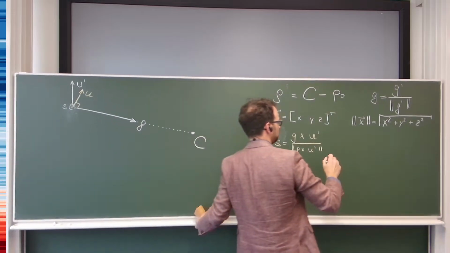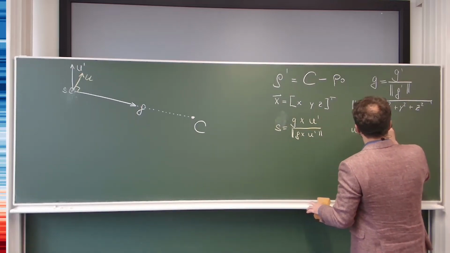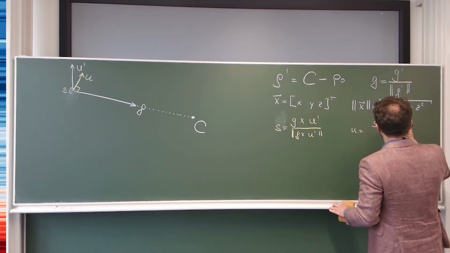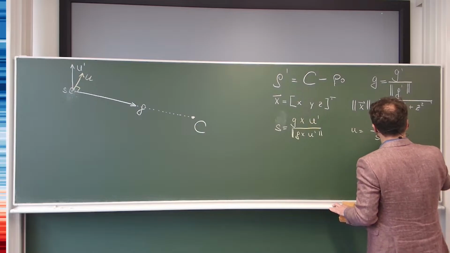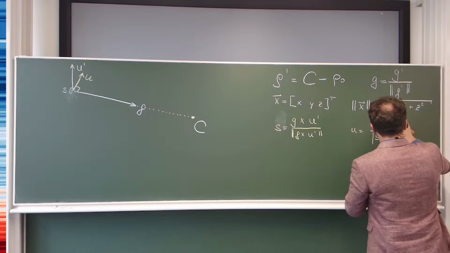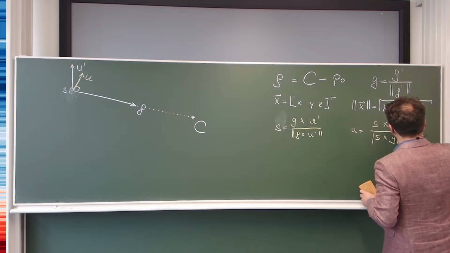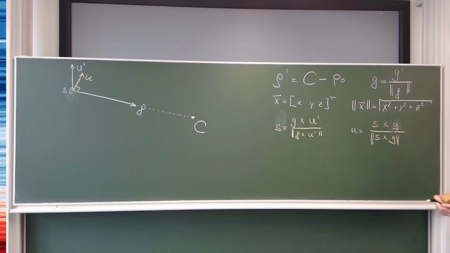So up is side cross gaze over the absolute value of side cross gaze. Okay?